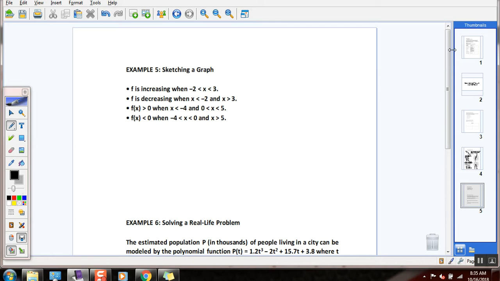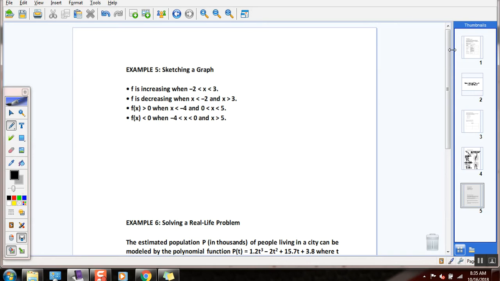3. It says f is decreasing when x is less than negative 2, and it's decreasing when x is greater than what? 3. Okay, it says f of x is greater than 0 when x is less than what? Negative 4. And x is between 0 and 5. Oh my gosh, we have a lot to do here.